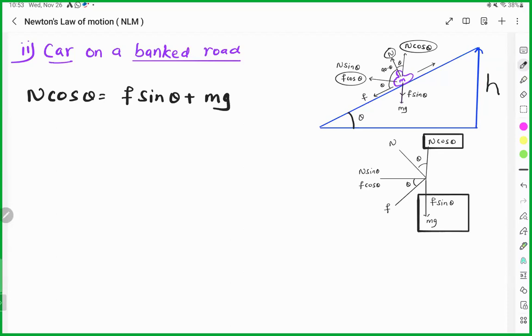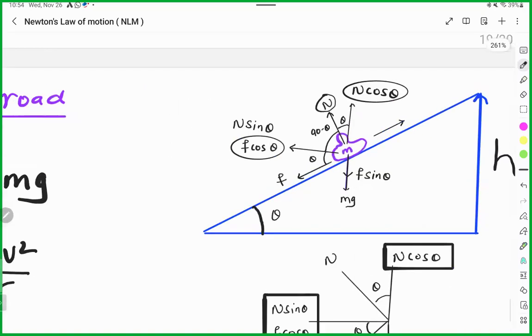And second, in the horizontal direction, n sin theta and f cos theta are acting. So can we say n sin theta plus f cos theta will be equal to mv square by r, the centripetal force?